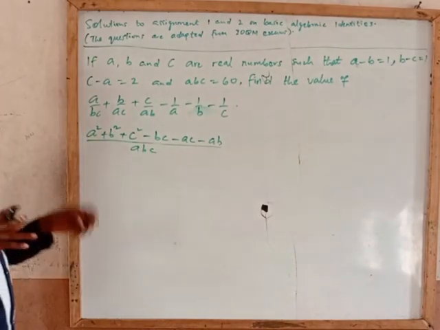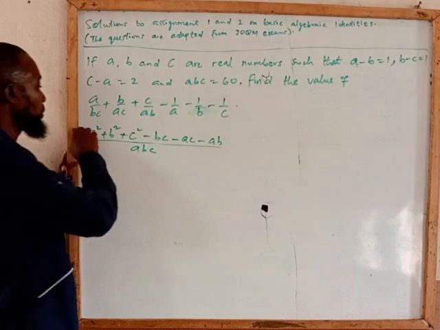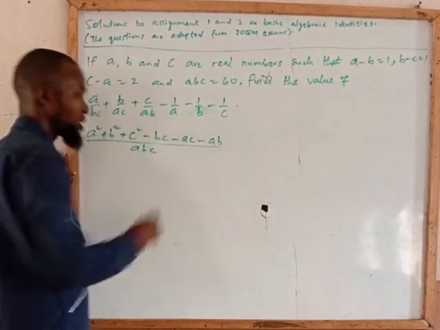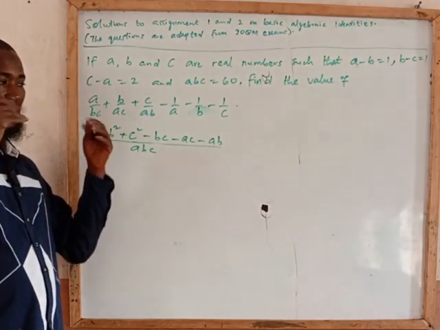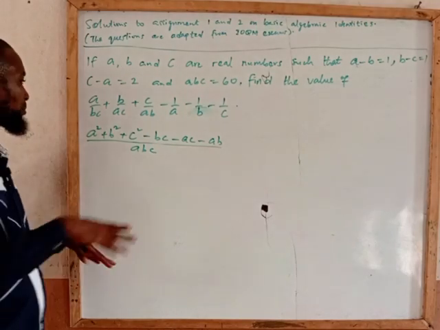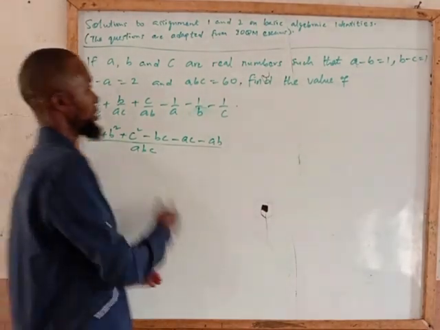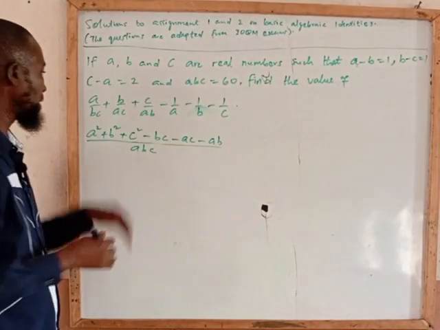to be 60. So what I will now do is, how can I use the given to give this result that I have here? Remember that I will not just go straight into the list of identities which we have memorized and just place it. No. What we want to do is see whether it is possible for me to combine this and this to give this result.